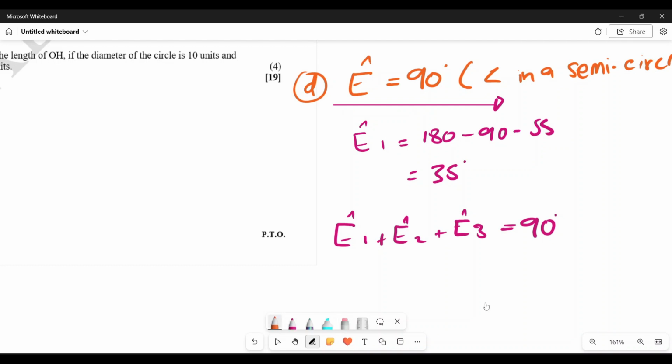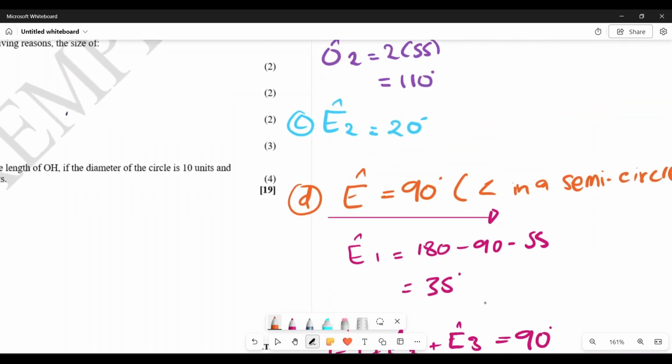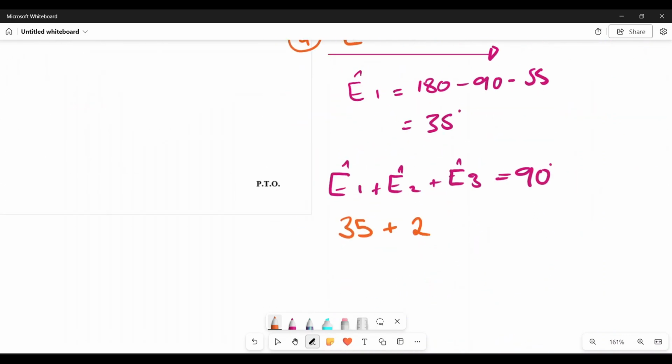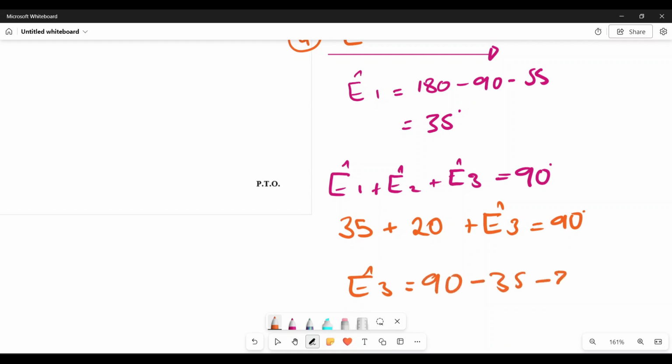So now, substituting the values that I have, so my E1 is 35 plus E2, which is 20 degrees, and I'm solving for my E3. And all of this is equals to 90. So as a result, my E3, it will be equals to 90 minus 35 minus 20. And punching this into my calculator, my E3 should be equals to 35 degrees.